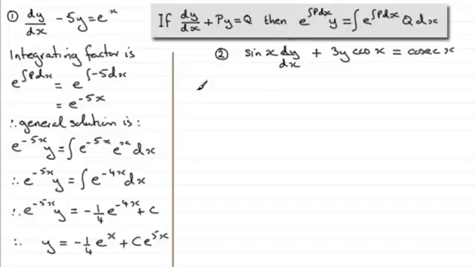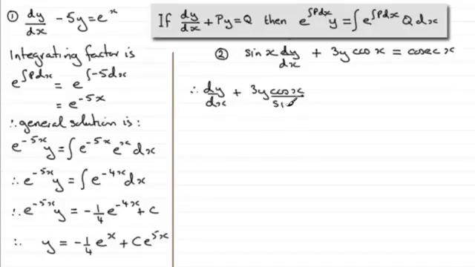So if we start by doing that, dividing the first term by sine x will give us dy by dx. And then if we divide the second term by sine x, we've just got plus 3y cos x over sine x.